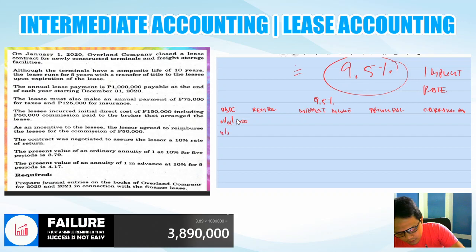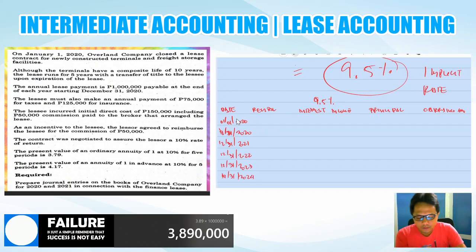01/01/2020 again 5 years. So, the first payment is December 31, 2020, December 31, 2021, 2022, and last schedule, December 31, 2024.